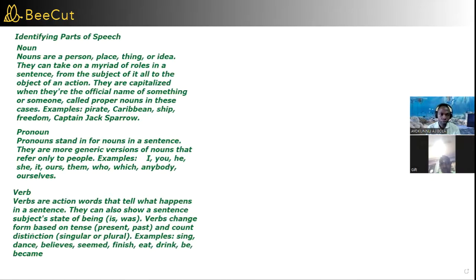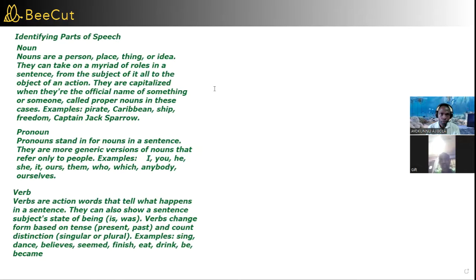Verbs change form based on the tense. It could be in present, it could be in past. And count distinction, it could be a singular or plural verb. The examples include sing, dance, believes, seem, finish, eat, drink, be, became, and so on.